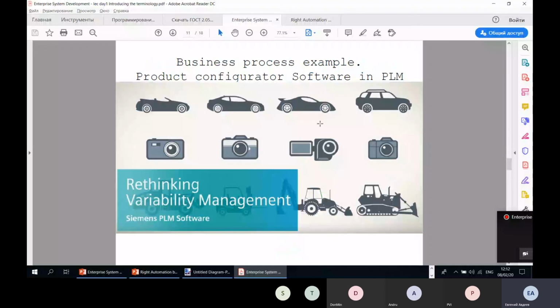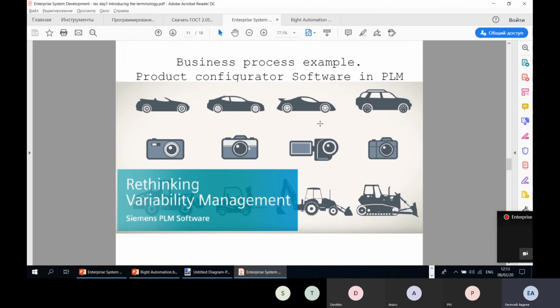And also I want to show you one example. An example of an enterprise business process, how significant it can be, and why it's difficult to divide it into different parts of activities.